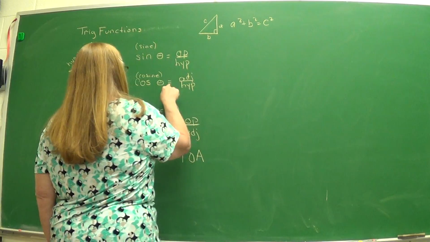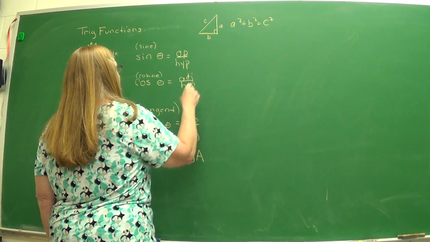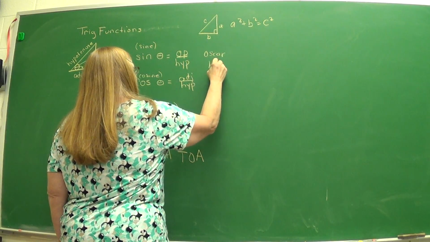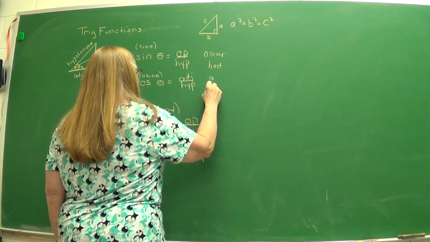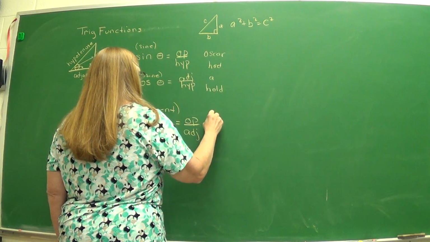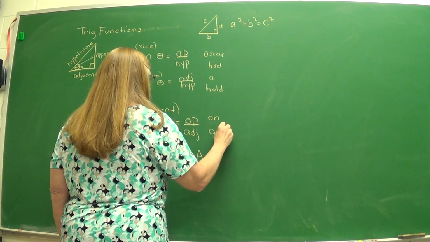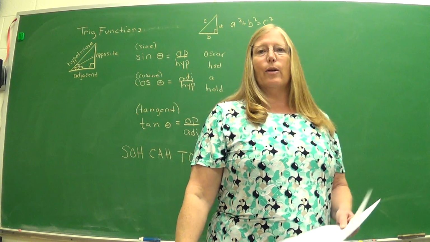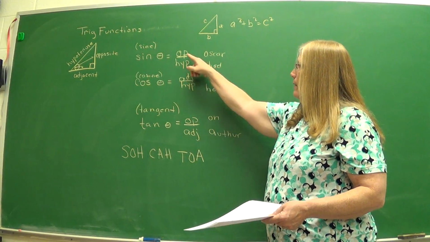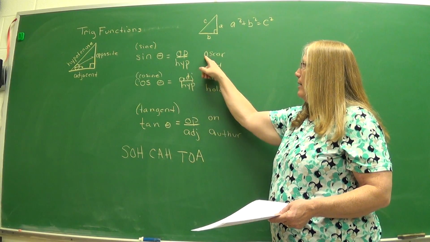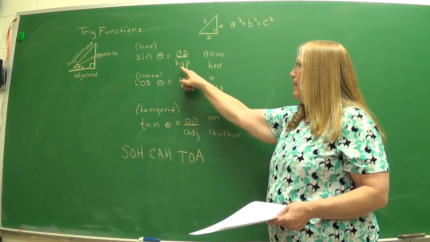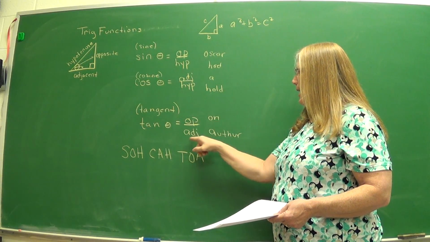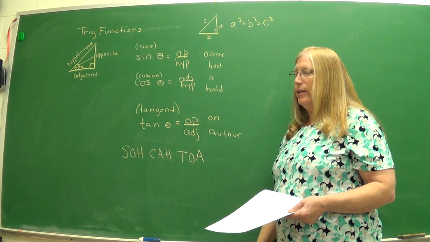The other one is, if you can remember this order, sine, cosine, and tangent: Oscar had a hold on Arthur, which I think is also kind of awkward to remember. O for opposite and Oscar, H for hypotenuse, A for adjacent, H, O, and A. Oscar had a hold on Arthur.